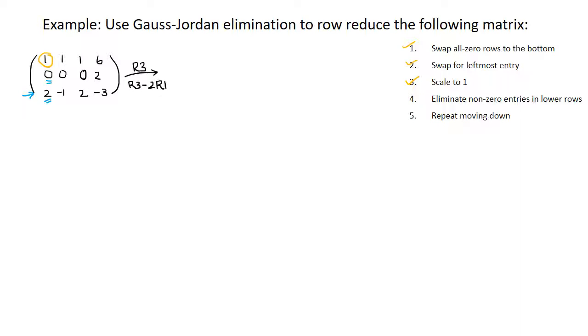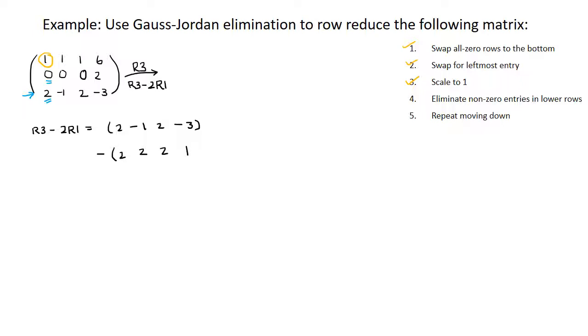And I'm going to do this on this side. So row 3 minus twice row 1 is going to be equal to, so row 3 is 2, negative 1, 2, negative 3. And I'm going to be subtracting twice row 1, so 2, 2, 2, 12.